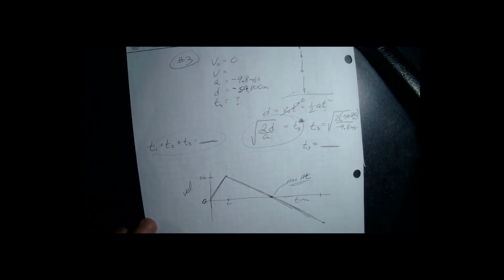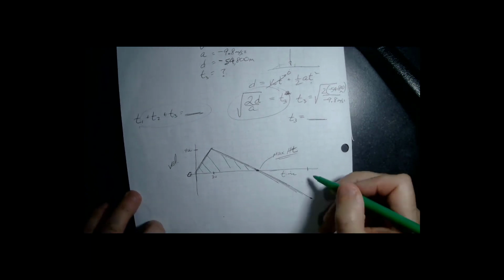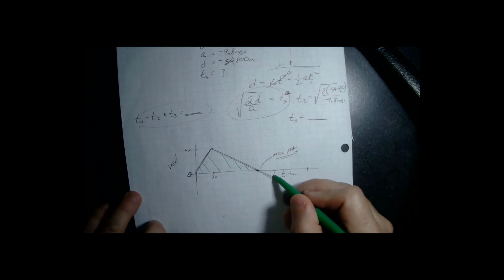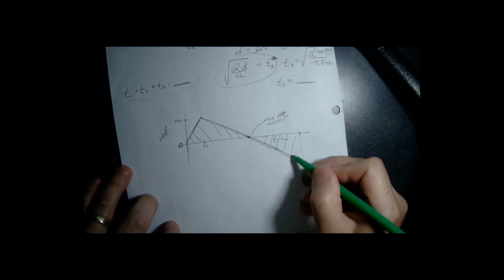Another way to kind of visualize what's happening here is you could think about the displacement. Here's all your displacement for the way up. Here would be all your displacement on the way down.